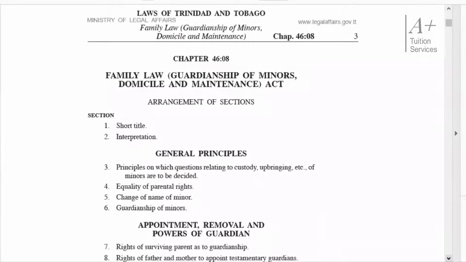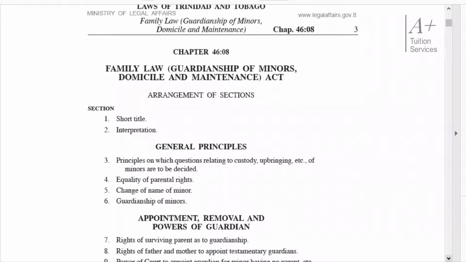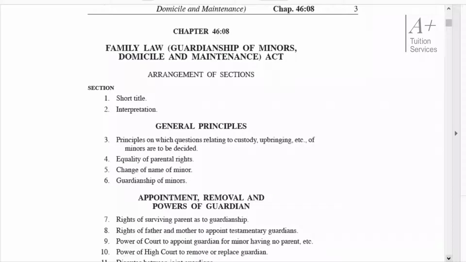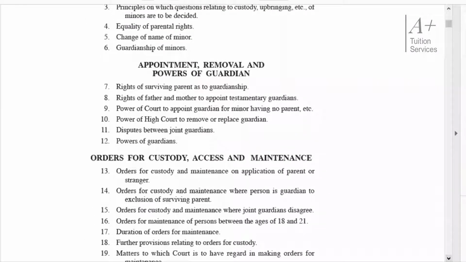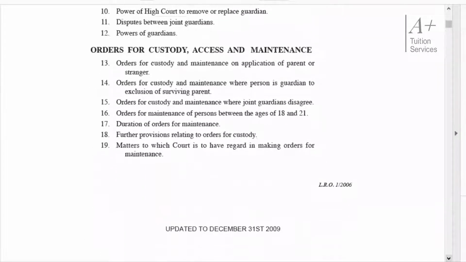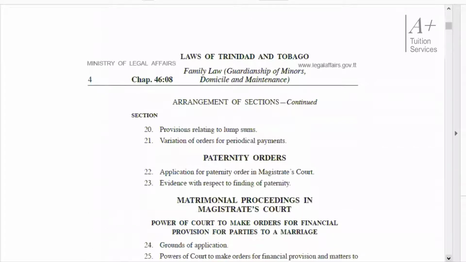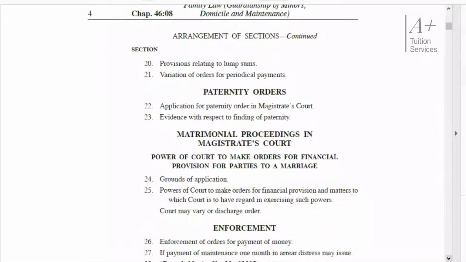We're looking now at the family law and the general principles under this. We look at questions relating to custody, upbringing of minors, and what is to be decided. We talk about equality of parental rights, change of name of a minor, and guardianship of minors. We have the section that deals with paternity orders.